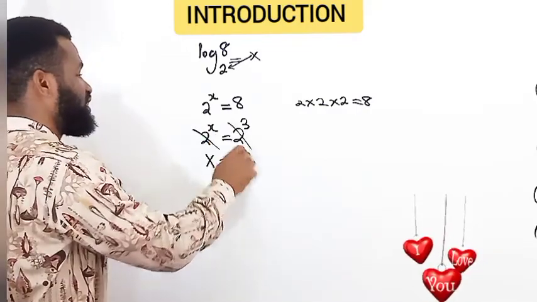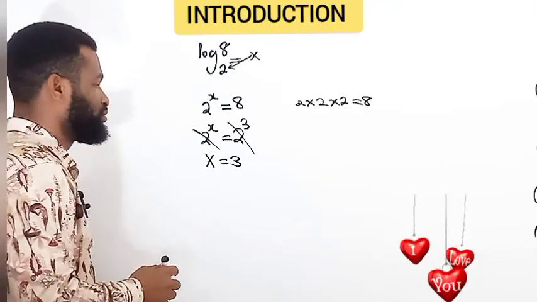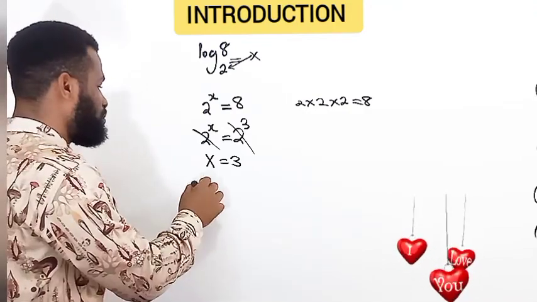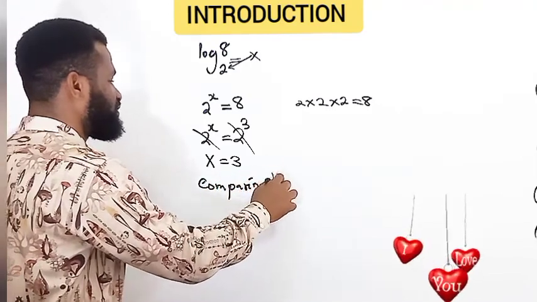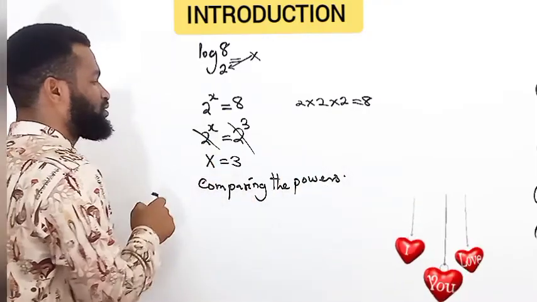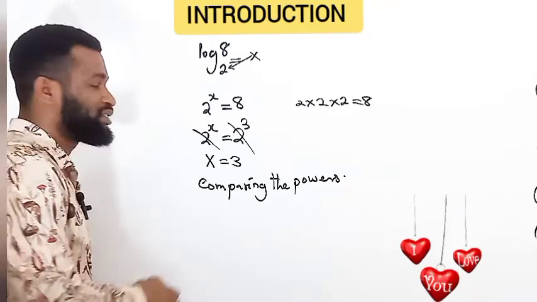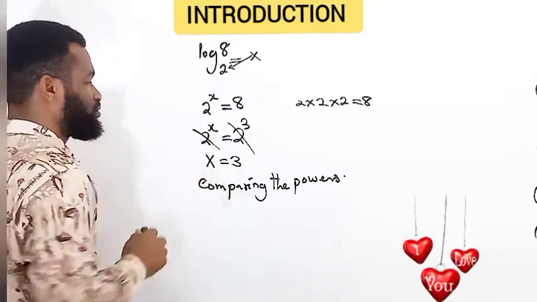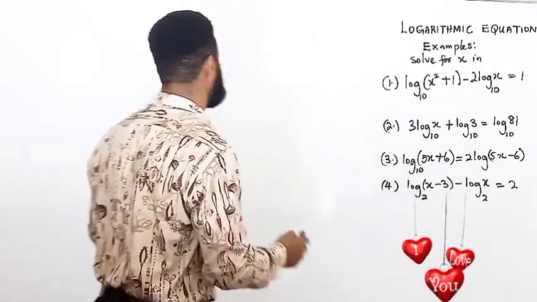They will cancel this and this, but that is not the best thing to do. Rather, you say comparing the powers. Comparing the powers of both sides, then you'll be able to say that x is equal to 3. However, let us solve the first one.